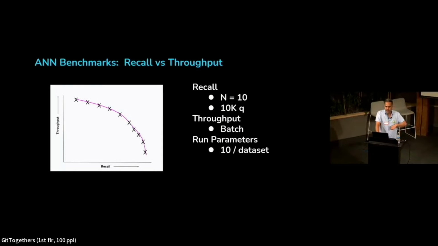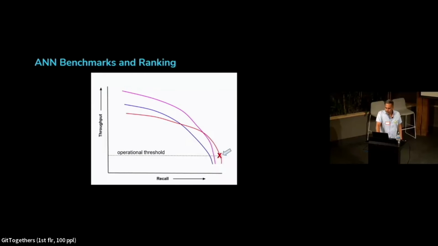And with those parameters, you can get a sense of what that curve is going to look like. So, one question that comes up is, you're going to have recall across a curve, right? Which one do you choose? And we decided to implement an operational threshold at throughput. So people had to meet that threshold at least, and we chose the highest recall above that threshold.